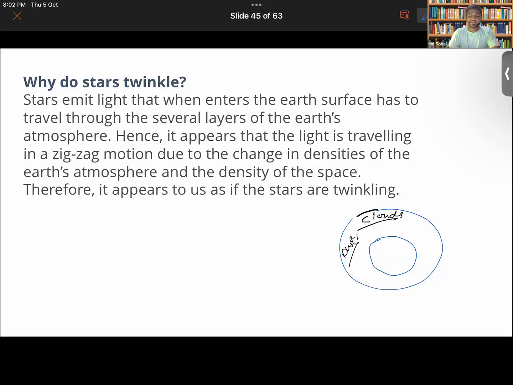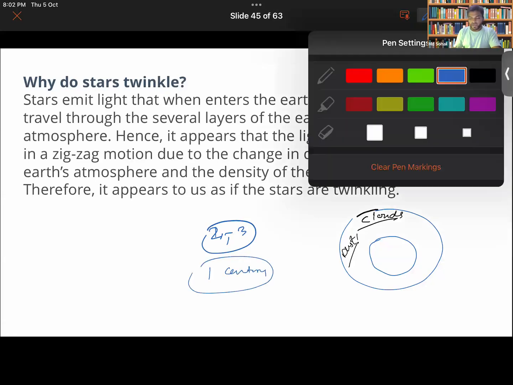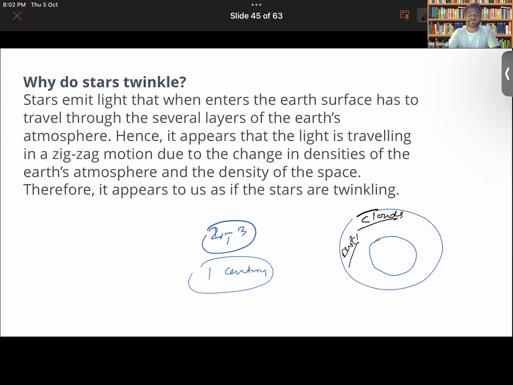Also, if you were to go back say 2 to 3 centuries, or just 1 century back, then as compared to now, you would have been able to see more stars on a clear night. अभी pollution बहुत है. Right now there is so much pollution, right?